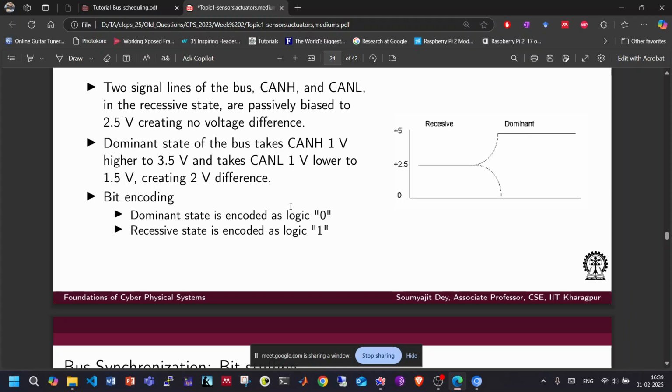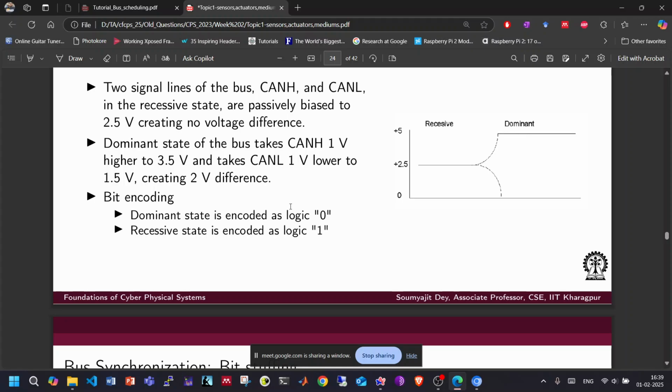This signifies that when both of them agree to a certain phenomenon, only then will this dominant bit come. The voltage difference will increase when both of them change their levels. That is understood?